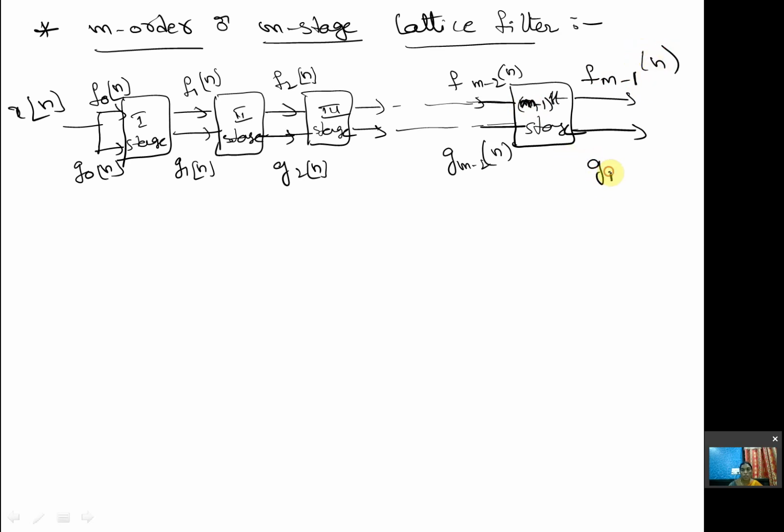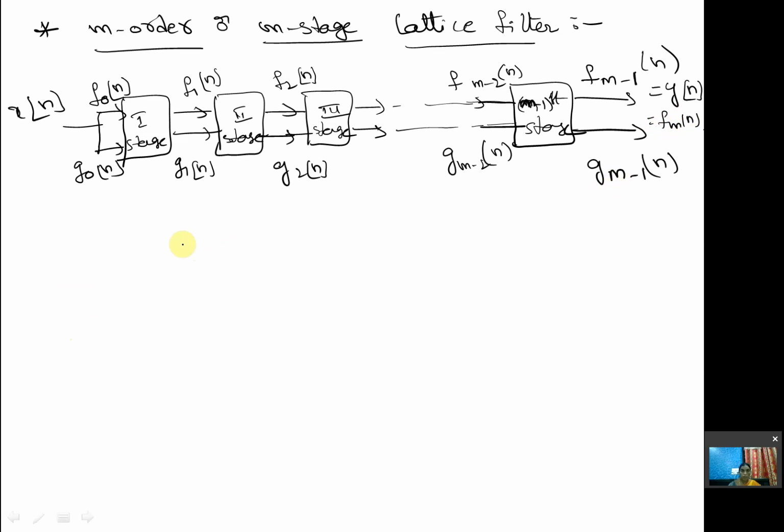Here is g capital M minus 1 of n. It is nothing but y of n, that is f m of n. Okay, now you just draw all the structures like this.